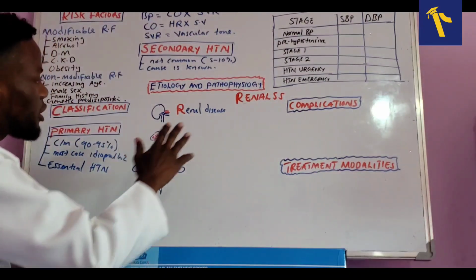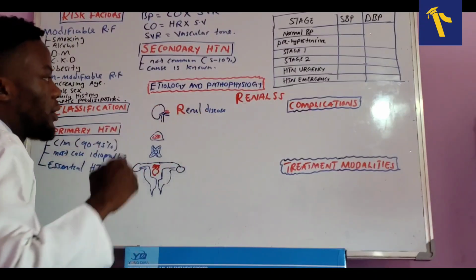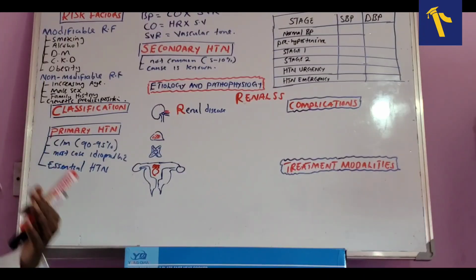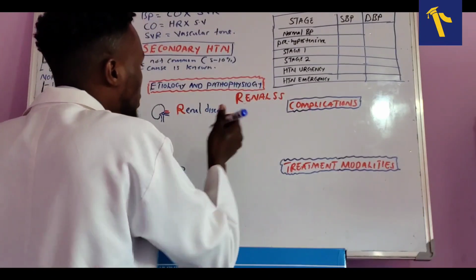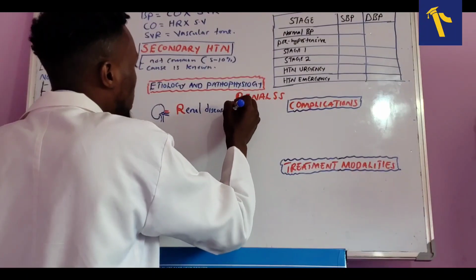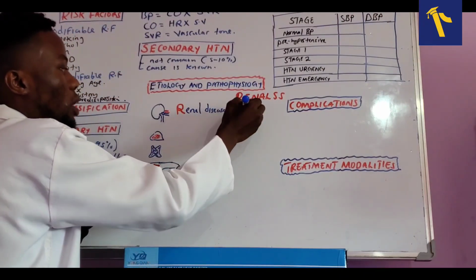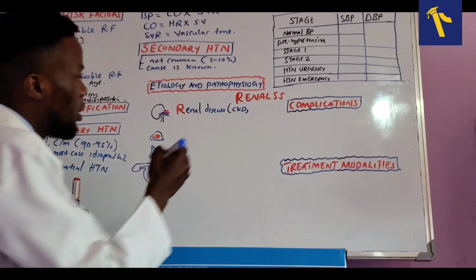Now, what are those renal diseases that can cause hypertension? We need to know examples of them, and they are very simple to remember. The first one is CKD, chronic kidney disease, one of the causes of hypertension.